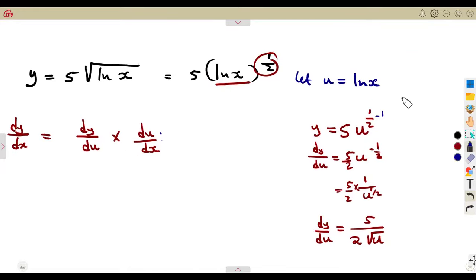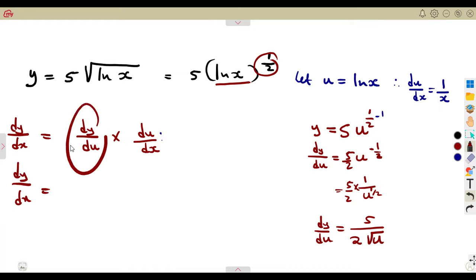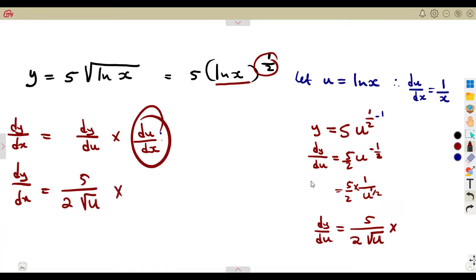So it follows that from this one, the derivative of u with respect to x was going to be what? Remember, it's ln. That is 1 over x. So that's it. We can determine here our derivative of y with respect to x. dy/du, the derivative of y with respect to u, which is 5 over 2 square root of u, times the derivative of u with respect to x, which is 1 over x.